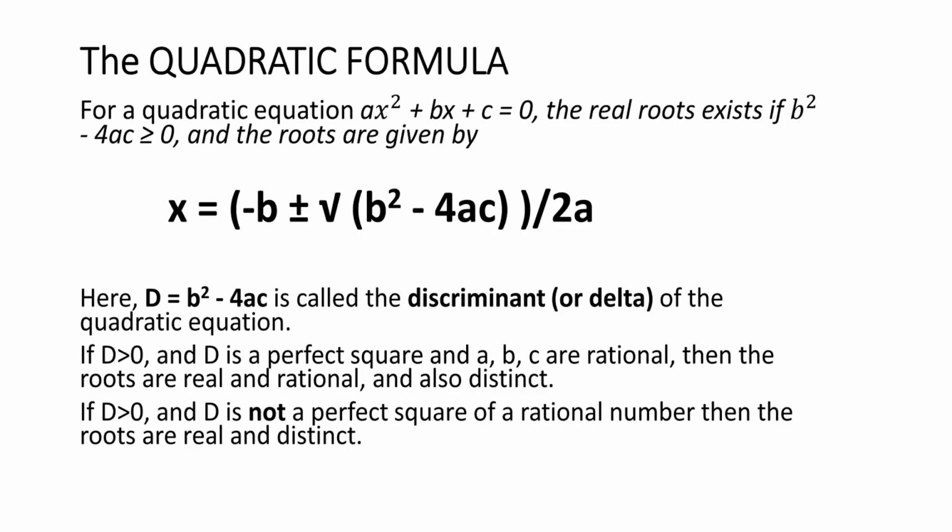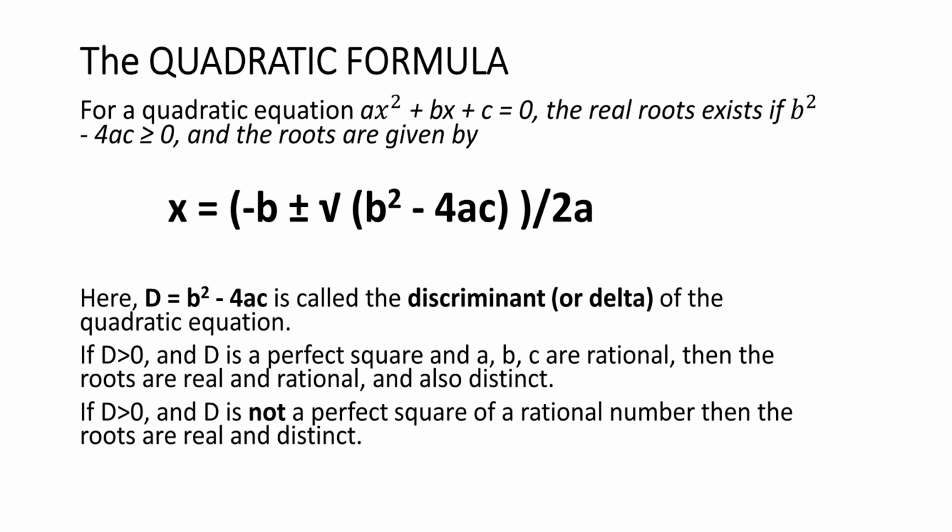We will recall the quadratic formula. For a quadratic equation ax square plus bx plus c is equal to 0, we have delta D as b square minus 4ac, and the roots are given by x is equal to minus b plus or minus root delta upon 2a, or x is equal to minus b plus or minus root D upon 2a. Now we have seen that if D is less than 0, no real roots.